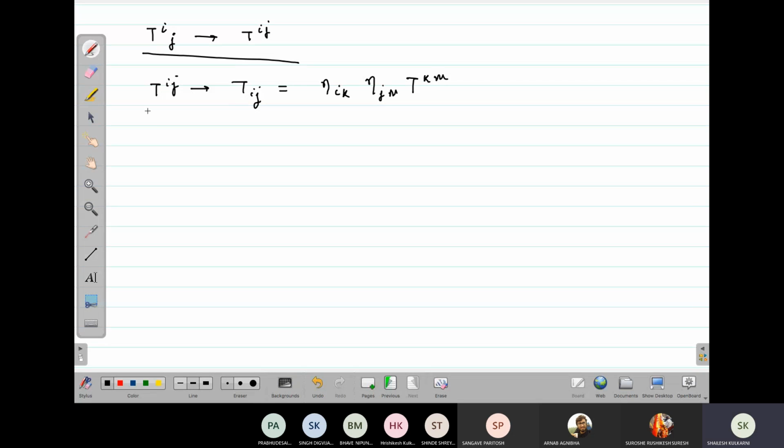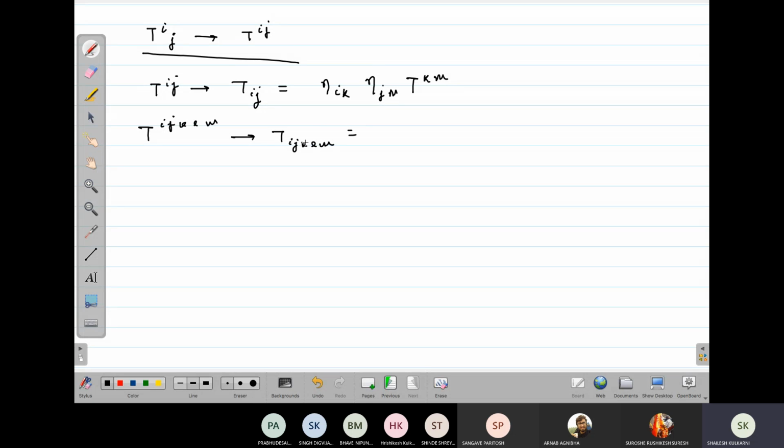This I can do for any tensor of any rank. Any contravariant tensor of any rank, say with indices i, j, k, l, m, I can bring to a completely lowered, covariant tensor by doing these successive operations.